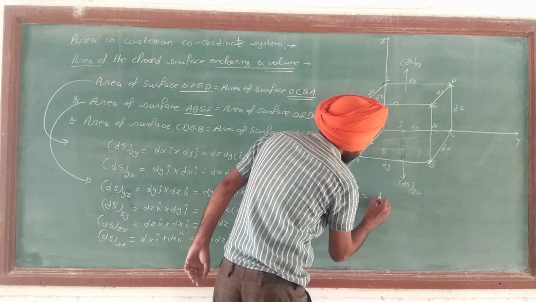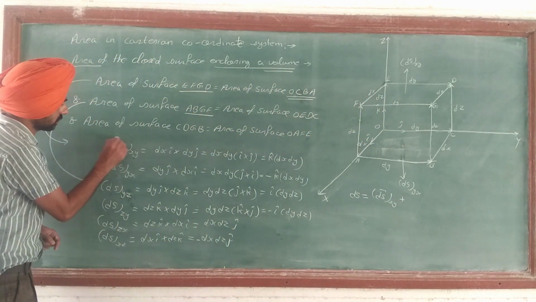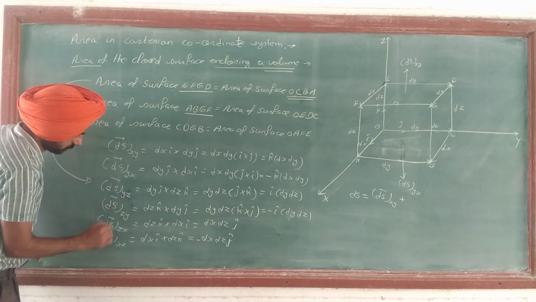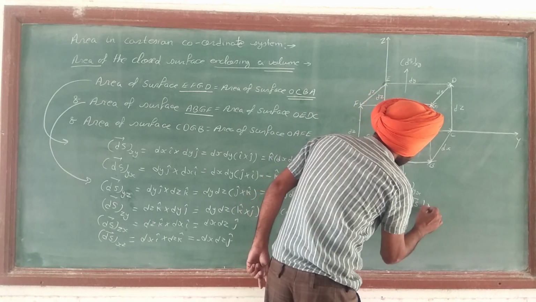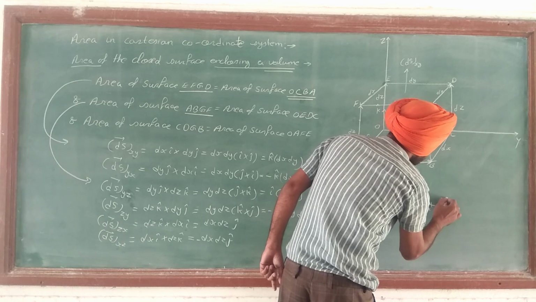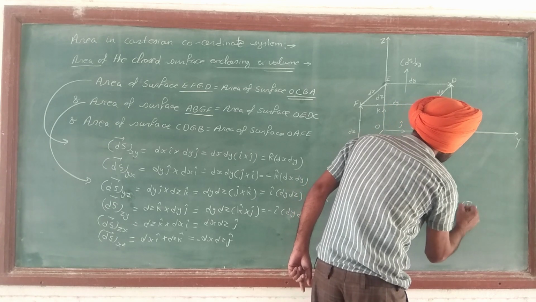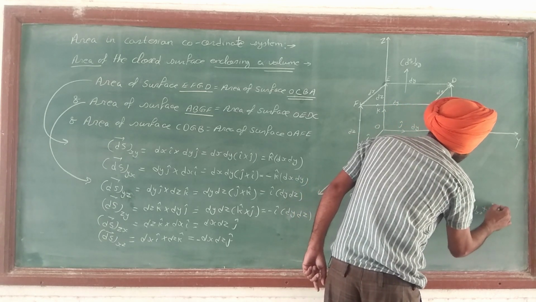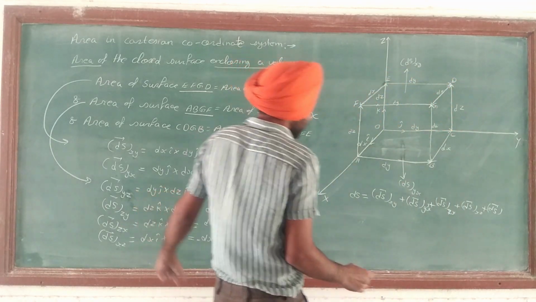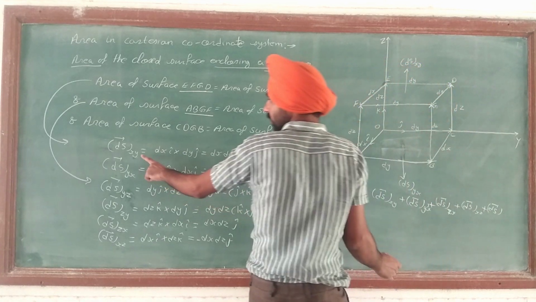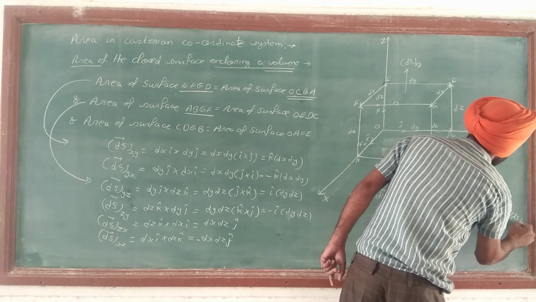So ds is ds xy plus, all these are vectors, area vectors, plus ds yx plus ds zx plus ds xz plus ds yz plus ds zy.